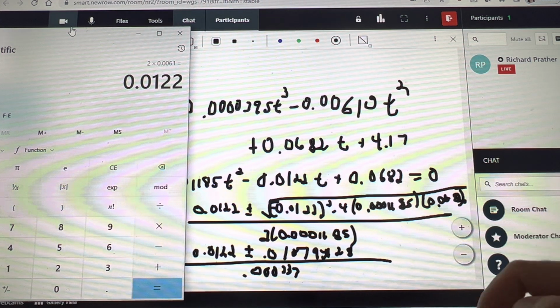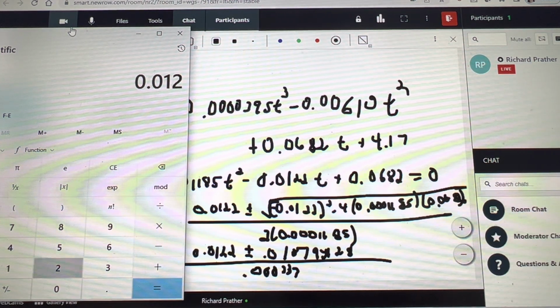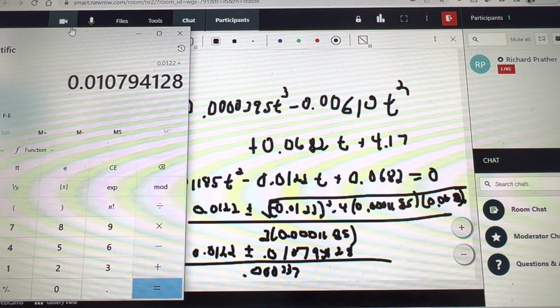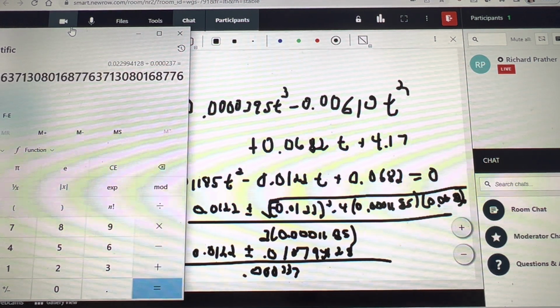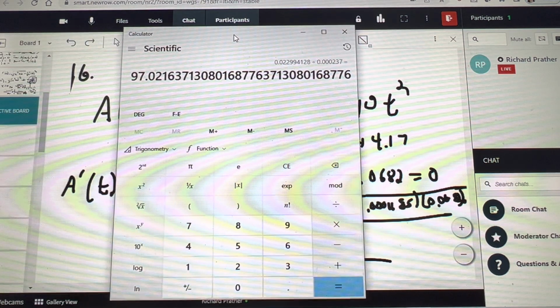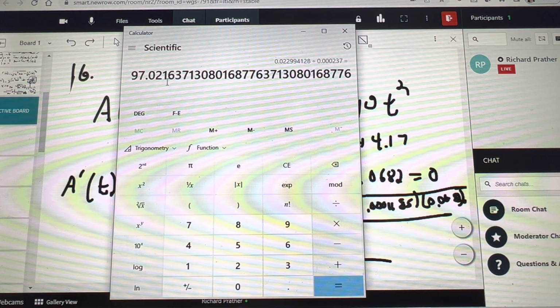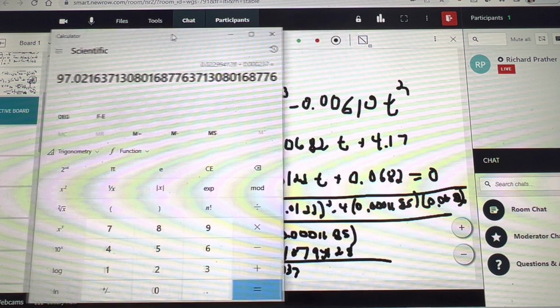Okay, so I'm going to put in 0.0122 plus 0.010794128 equals, divided by 0.00237. So this one is 97.02, but notice that's past 50. We were limited to 0 to 50, so this one's out because it's not in the 0 to 50 range.